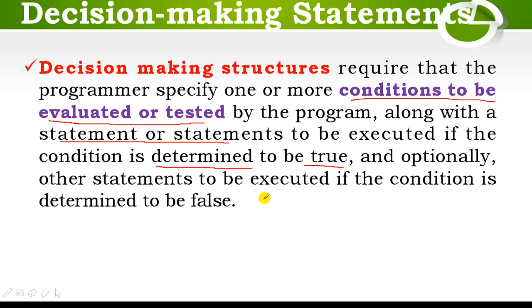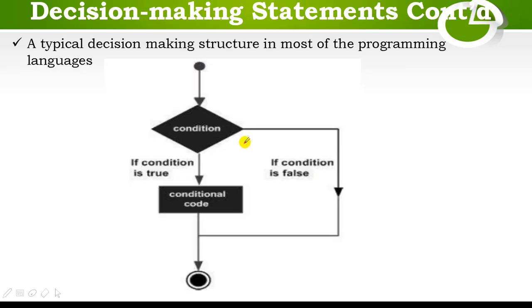So the guy is going and you have given a condition: if there is gari. And the statement here is: buy the gari. So he will check, is there gari? That's the condition. And if it is true, he will buy the gari. In the same way, in programming, it gets to a point where the program has to make decisions, so we use these statements to help the program make those decisions.